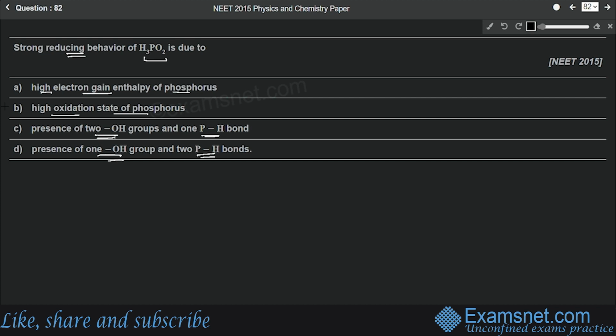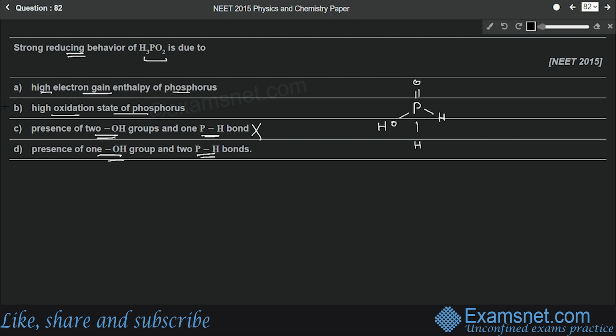So let's see the structure of H3PO2. We have a phosphorus in the center, we have double bond oxygen, then single bond hydrogen, and then single bond OH. So you can see it has two PH bonds, not one PH bond. So option C is definitely eliminated from here.